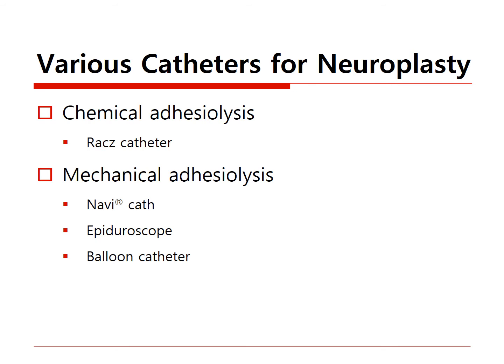But in my opinion, the effect of mechanical adhesiolysis is small with Rex catheter. If we use a stiffer catheter, we can perform mechanical adhesiolysis more effectively. To do this, we can use NaviCath, epiduroscope, or balloon catheter.